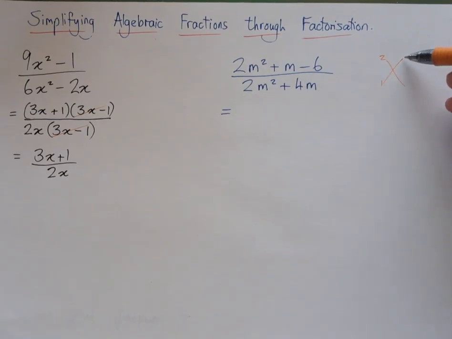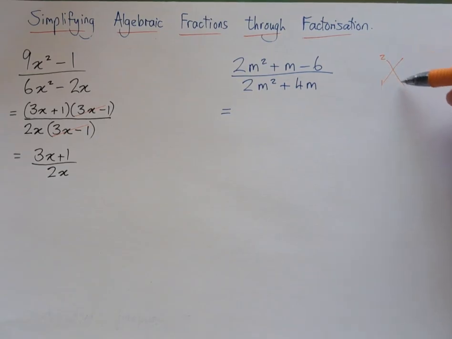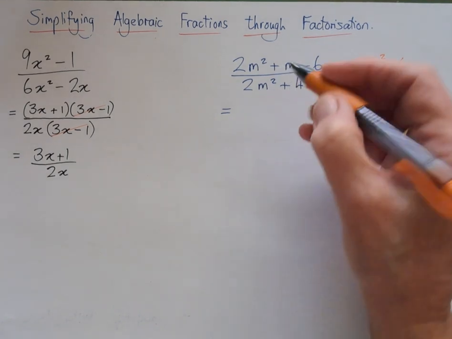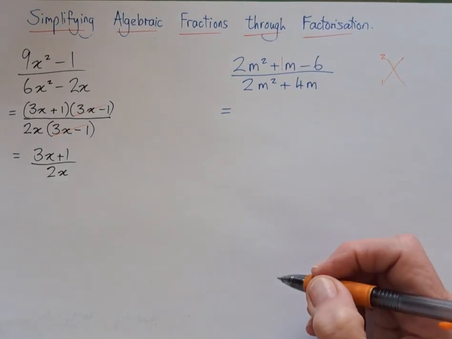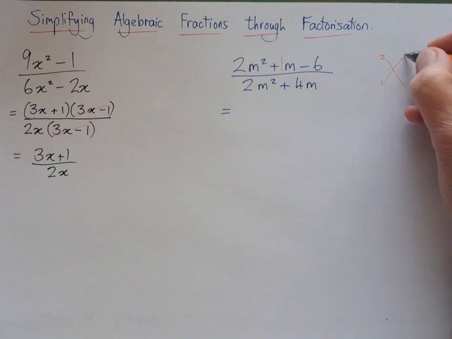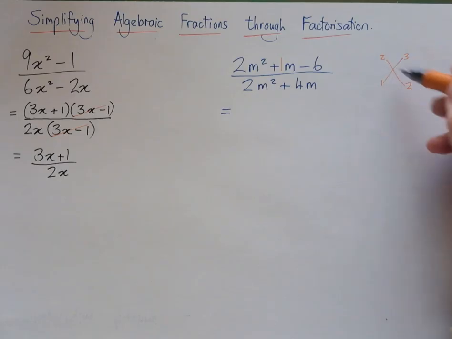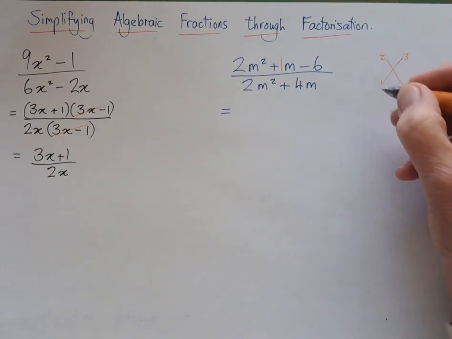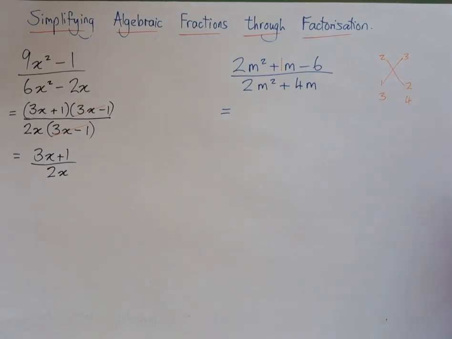If I put the 3 there and the 2 there, I'm already thinking of multiplying down the arms. Then that would give me 4, and that would give me 3, and 4 and 3 can give me my imaginary 1 over there. So I'm not going to waste time by writing it down the wrong way first. I'm going to go straight into that because I've thought ahead. 2 times 2 is 4, 1 times 3 is 3, double checking, yes, that is correct.